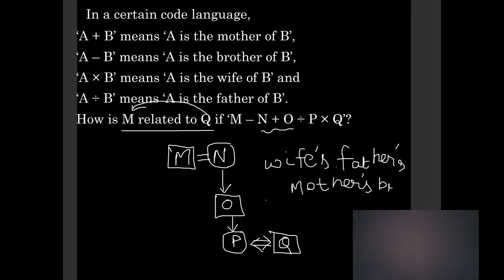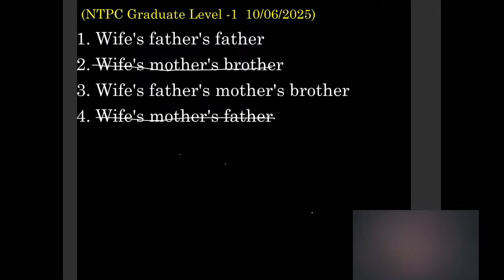That is the final answer, which is there in the third option. The first option is eliminated because it is wife's father's father. The correct answer is wife's father's mother's brother.